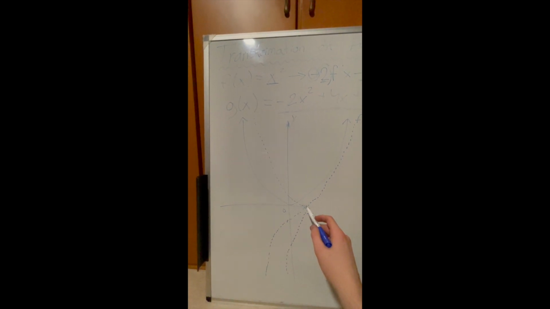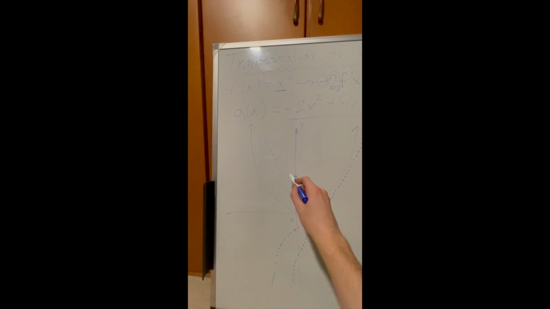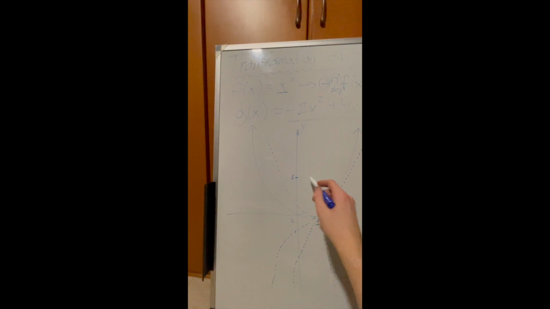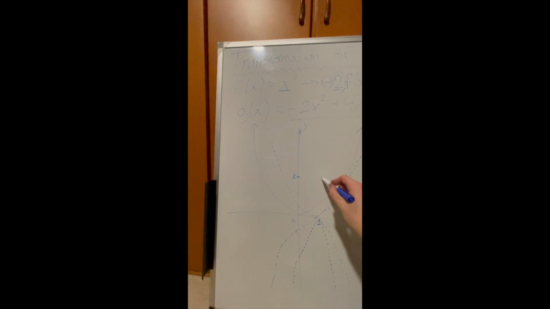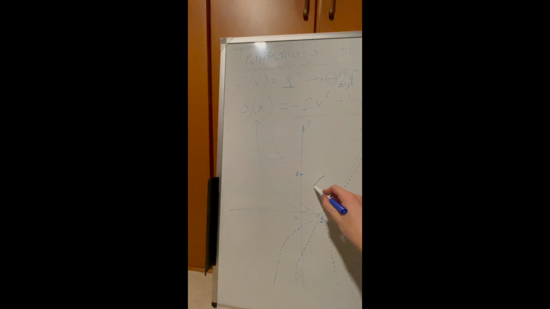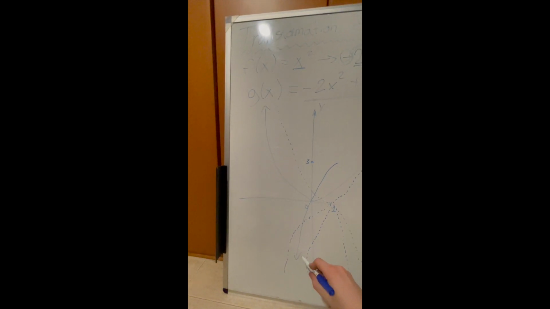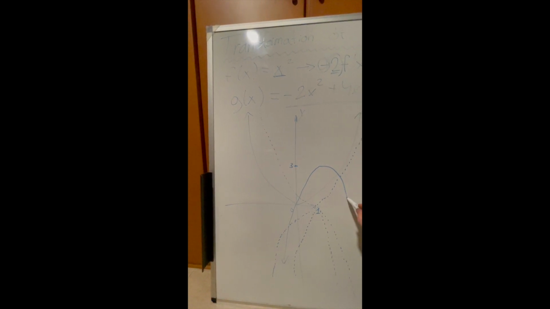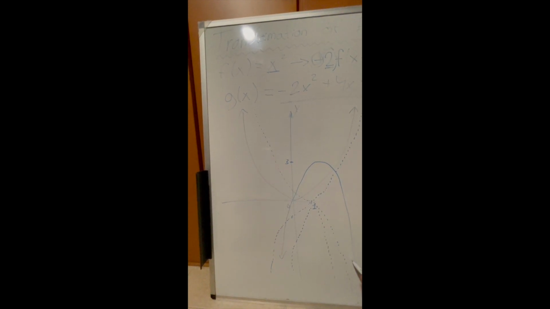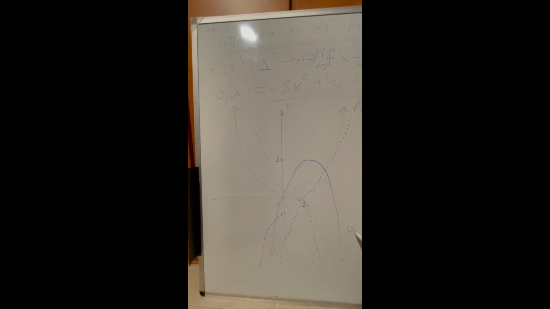So if this were at 0, now we are at 3. And we can draw our function. G of x would be the following. This is our g of x.